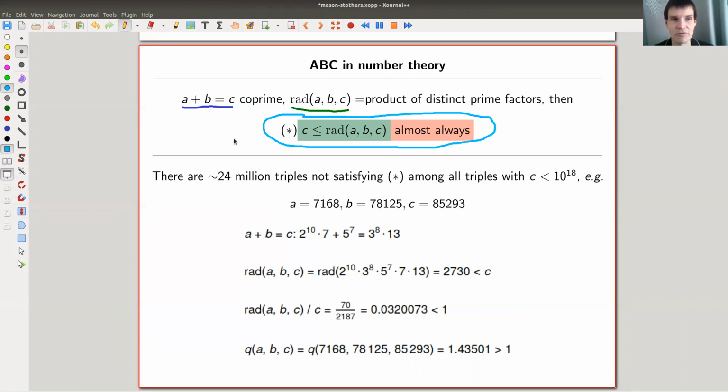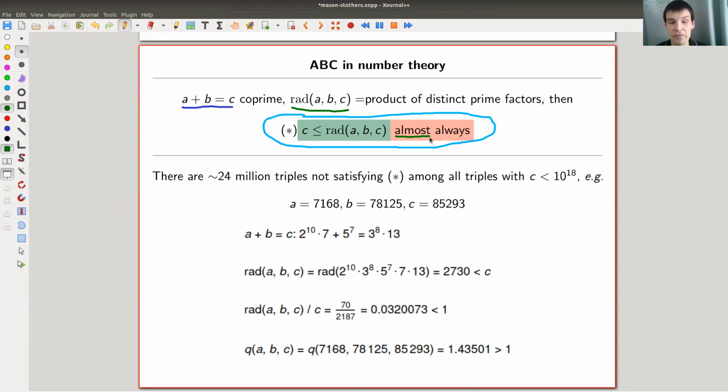That would be the polynomial version. No, C is always smaller than the radical of ABC, but always is flanked with almost always. There's a precise way of making this almost precise. The point is there will be exceptions. And the ABC conjecture itself is more about the exceptions than about this C being lower or equal than the radical. And those exceptions are pretty tricky to find.